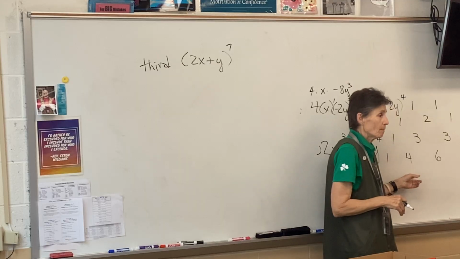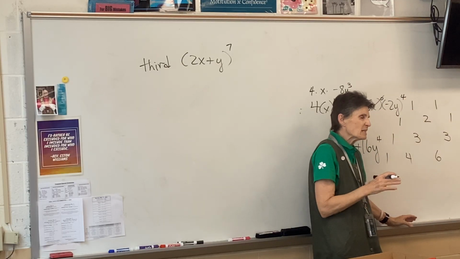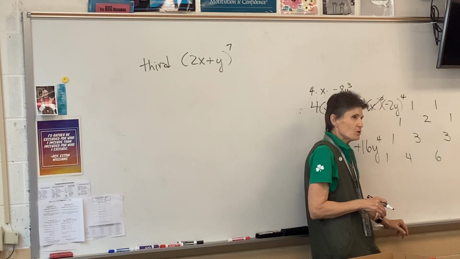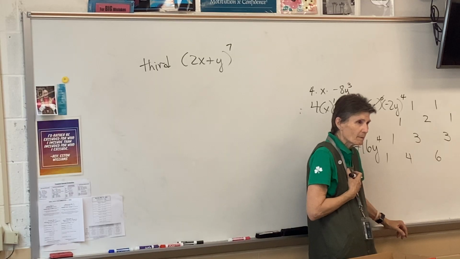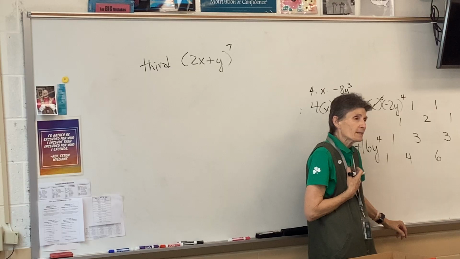You would find the numbers all the way down in the 7th row, right? Now 7 isn't that big of a number. You could go ahead and do that. But do you remember a shortcut to get those numbers we talked about? Ronick?